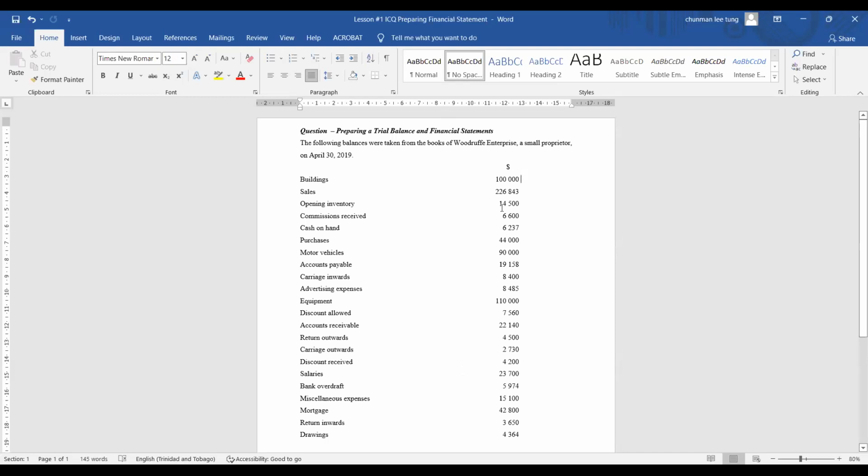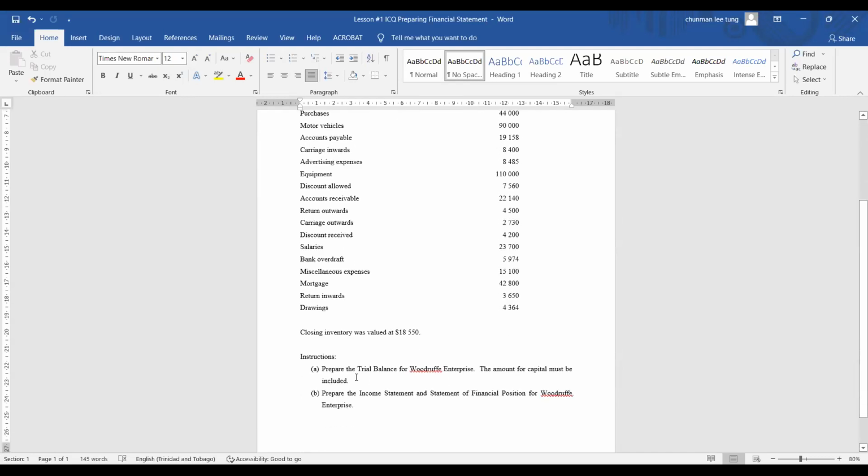So we had to prepare the trial balance firstly. When you looked at the Form 4 syllabus, I'm sure you would have had exposure to the trial balance. So this trial balance we have to draft up. I'm going to share my screen to show how this trial balance should really look.